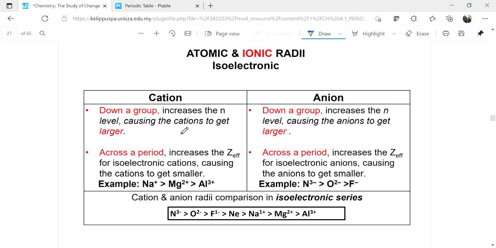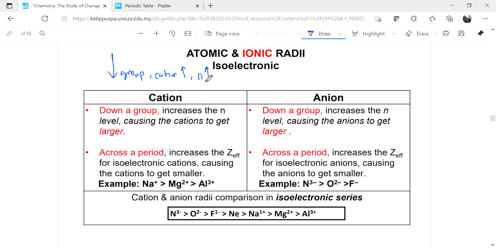So when we go down the group, the size of the cation increases because the principal quantum number increases.